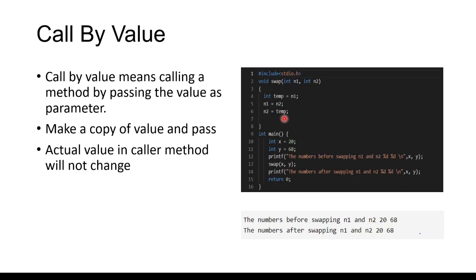So here in this call by value we are directly passing values, making a copy of these values 20, 68, and if any operation is performed on that, it will not reflect here, because here a copy of 20 is passed, and if you perform anything it won't reflect in the actual memory, right?